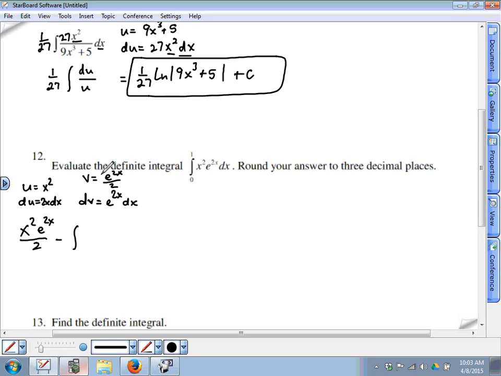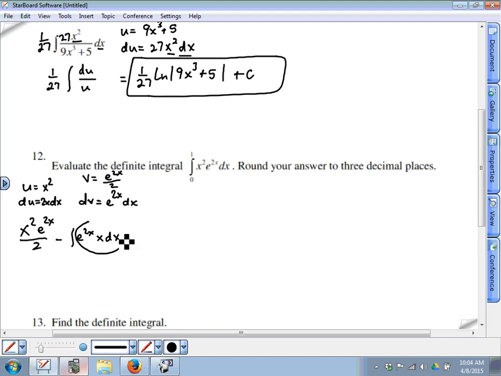Now v has a 1 over 2, so I'm going to pull out 1 over 2. Actually, du has a 2 and dv has a 1/2, so they just cancel each other out. So we're going to have e to the 2x times x dx.